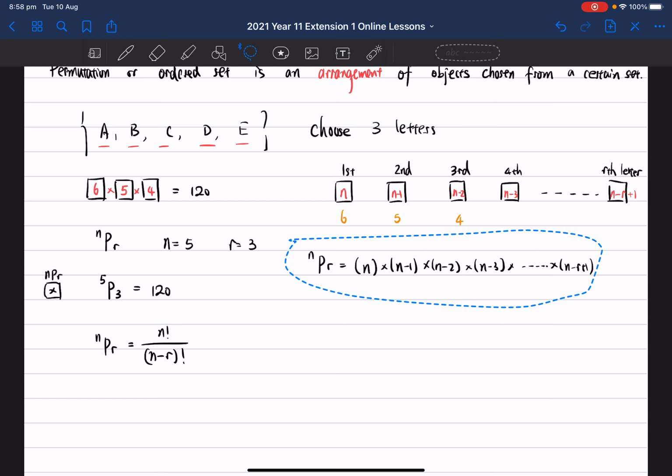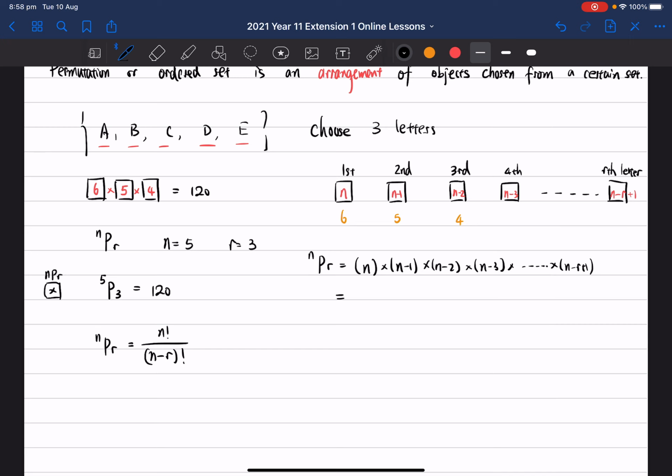So what we can do is actually write this in terms of the actual fraction. Let's have a look at this. So we can try to do it this way.